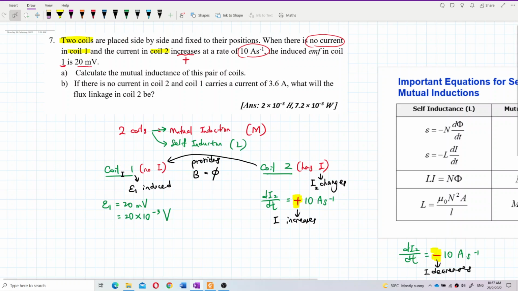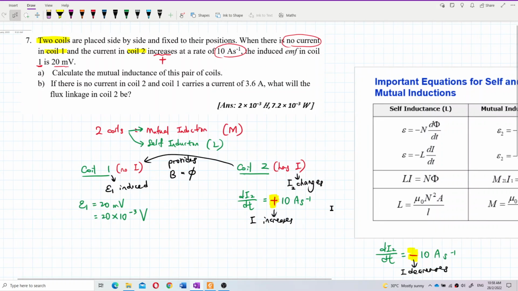As a result, EMF is induced in coil 1. This EMF induced in coil 1 is a result of the change of current in coil 2. This is mutual induction.